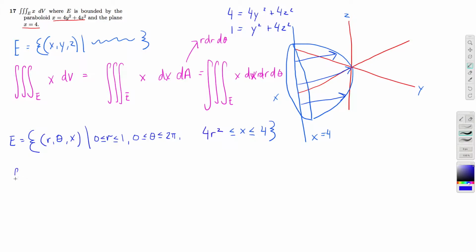Now let's write our equation out. x is going to be the first thing we do, and theta is always the last thing we do. So theta goes from 0 to 2 pi, r goes from 0 to 1, and x goes from 4r squared to 4.